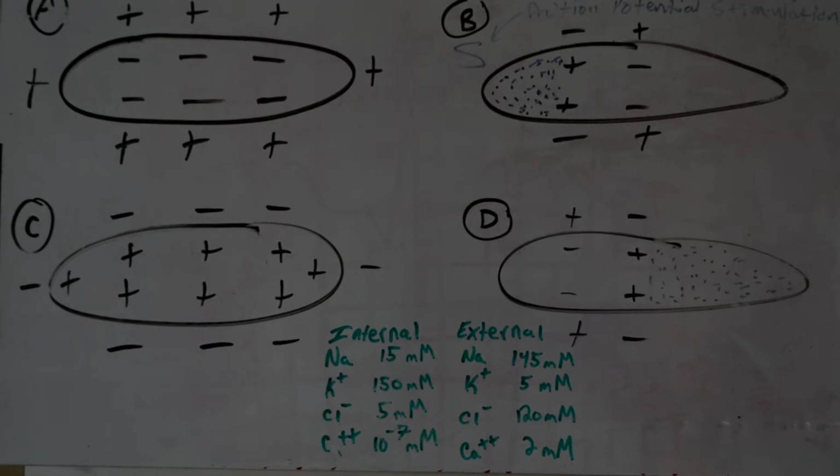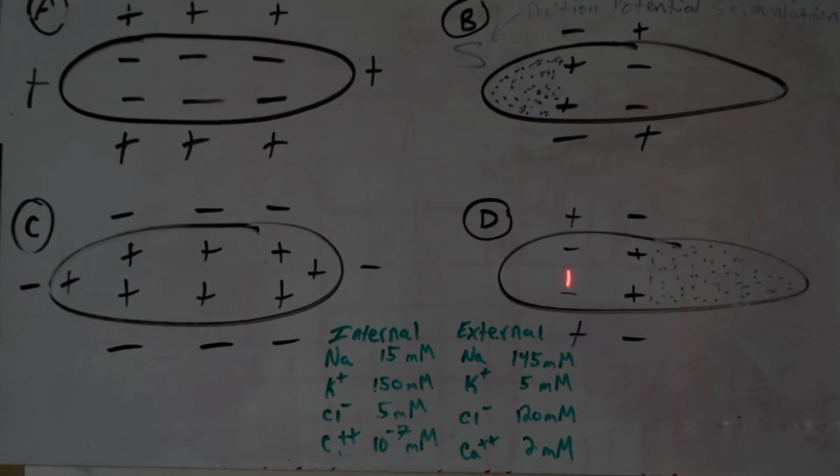But this is purely just to see how the cell is in resting state, negative on the inside. Action potential stimulation travels across that cell and the cell becomes more positive inside due to the potassium, K, efflux out of the cell and the sodium, Na, influx into the cell.